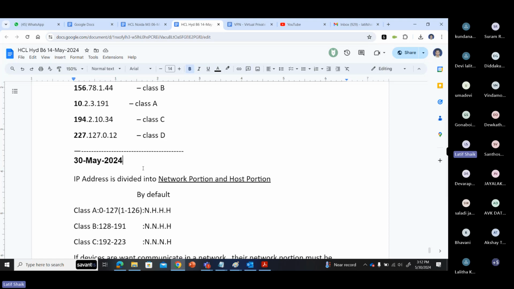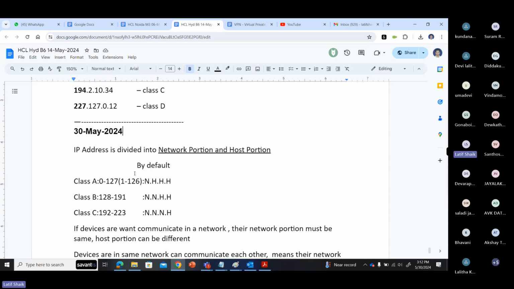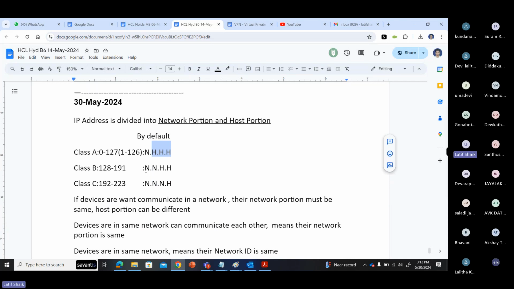If you use a class A IP address, the first portion is the network portion, remaining is host portion. If you use class B, the first two portions are the network portion, remaining is host portion. In class C, the first three are the network portion, remaining is host portion.